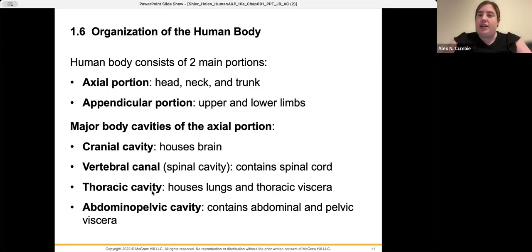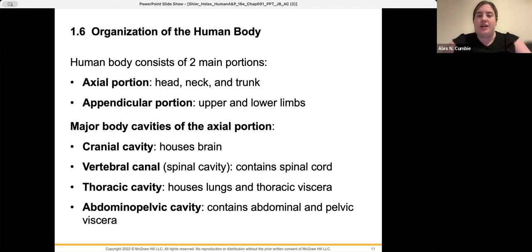Moving a little bit further into kind of the abdominal and chest region, we have the thoracic cavity. So this is in the chest. It's protected by the sternum and the ribs, but it will house organs like the lungs and anything we call thoracic viscera. Anytime you see this word viscera, this just means internal organs.